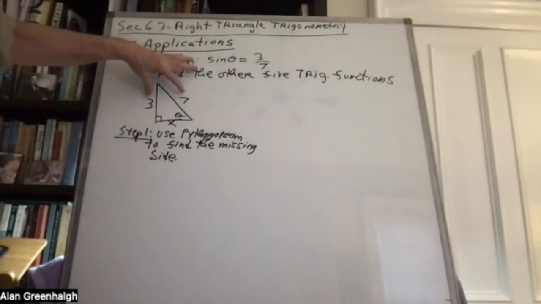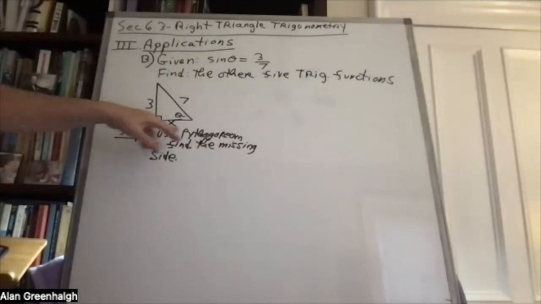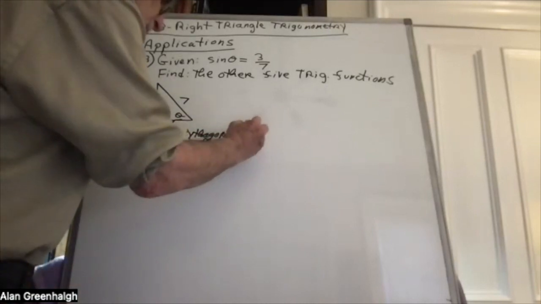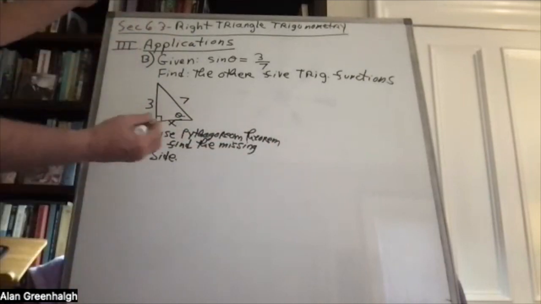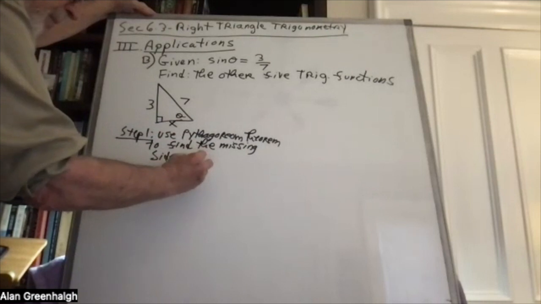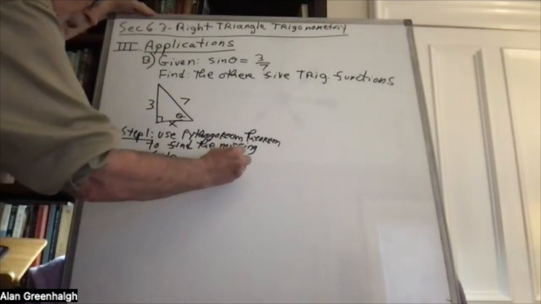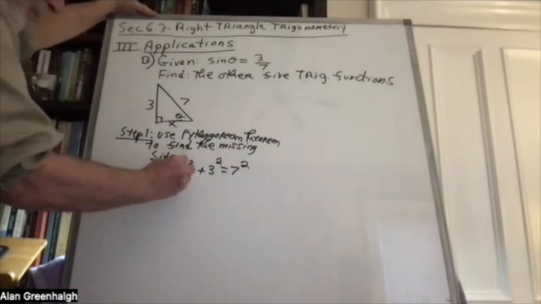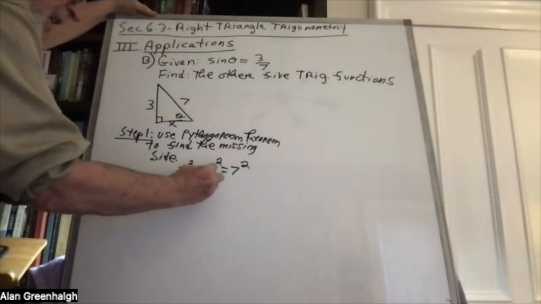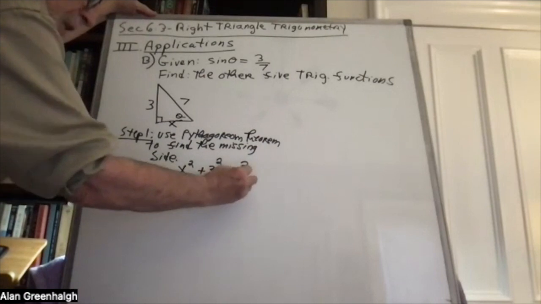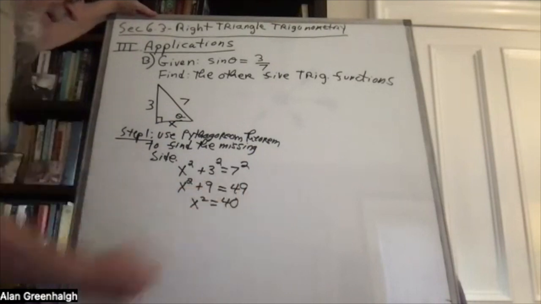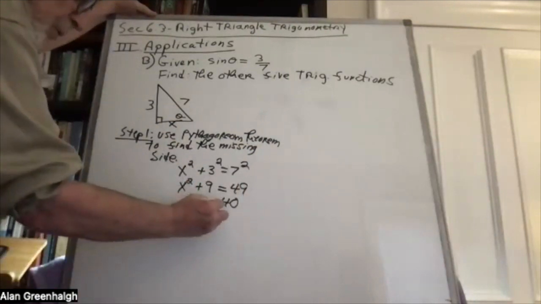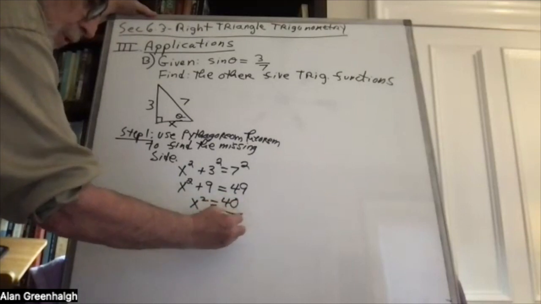We only know two. In other words, x squared plus 3 squared is equal to 7 squared. X squared plus 9 is equal to 49. X squared is equal to 40, and x is equal to the square root of 40.